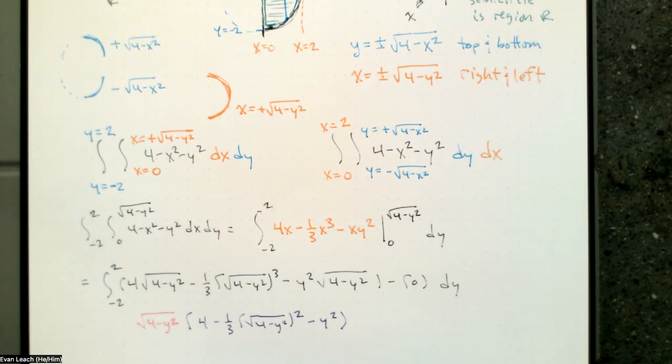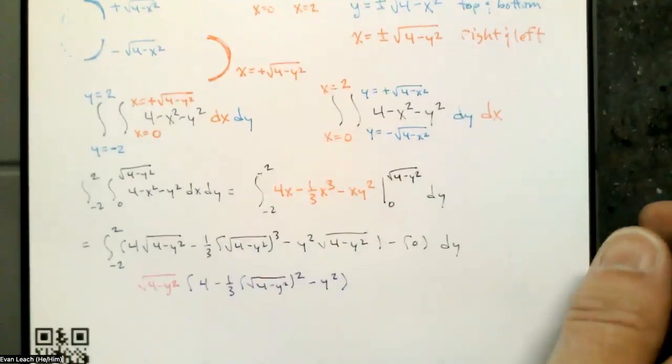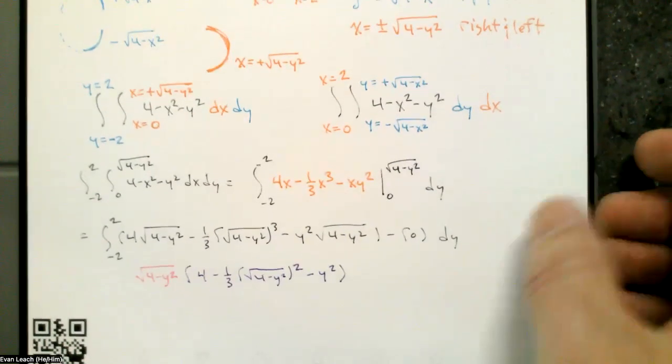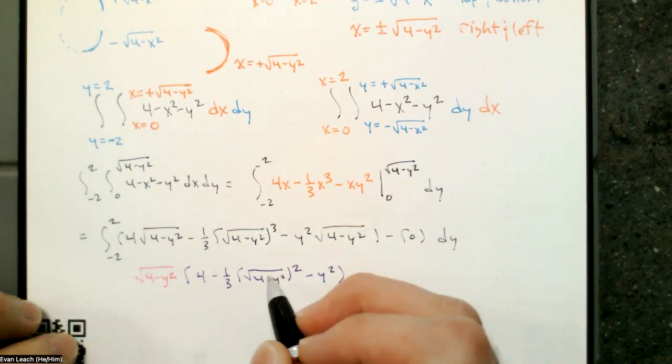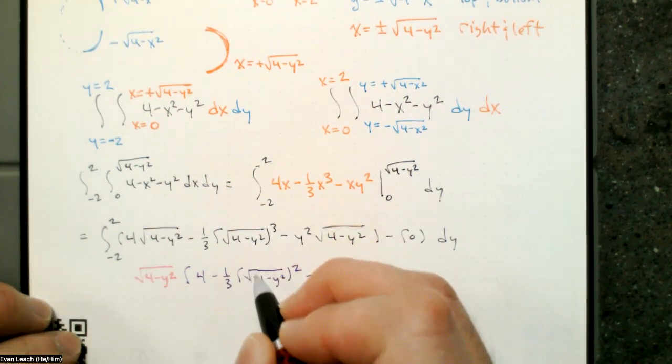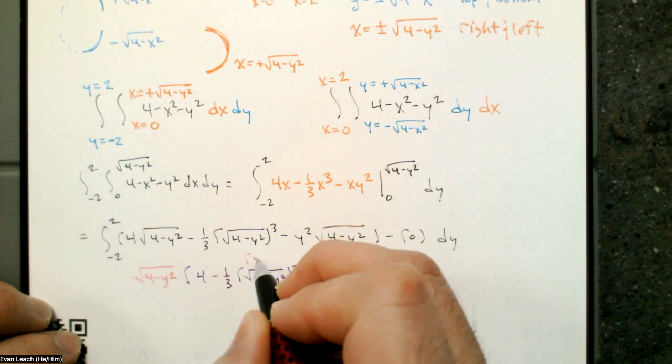Now I've got the square root of 4 minus y squared being squared, so that we can simplify. So that is just going to be 4 minus y squared. And that's getting multiplied by a 1/3.